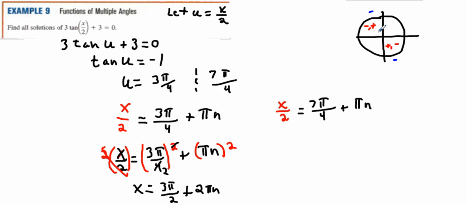So if I'm up in this quadrant, which is our 3 pi over 4, I know that if I add pi to it, which is halfway around, I'm going to pick up this 7 pi over 4 angle. So my 7 pi over 4 angle is embedded the second I add pi n into this first equation. So what it means is I don't need to solve for this because it's picked up when the value of n is equal to 1. When I add pi to 3 pi over 4, it'll give me my angle.